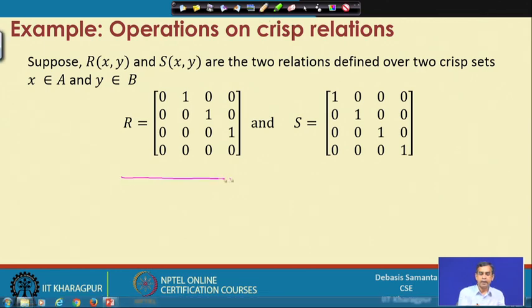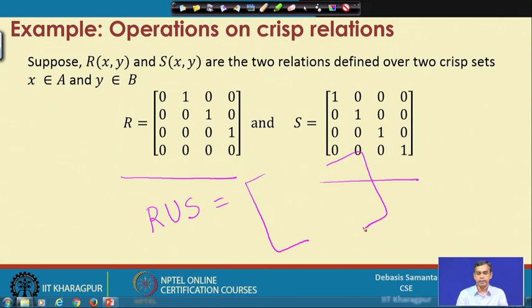Suppose this is one relation obtained over A and B, and this is another relation obtained over the sets A and B. So, it is basically A cross B with some relation, and it is also A cross B with a different relation, and then we want to obtain the union of the two. So, the union of the two we can write as R union S. So, it is basically one matrix.